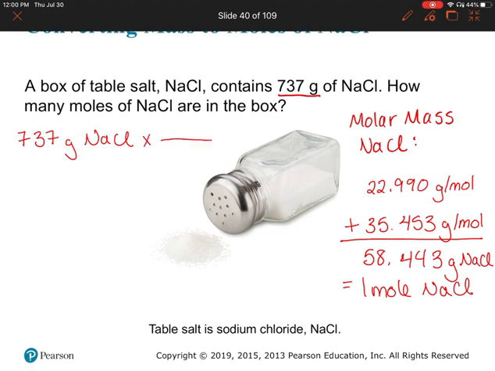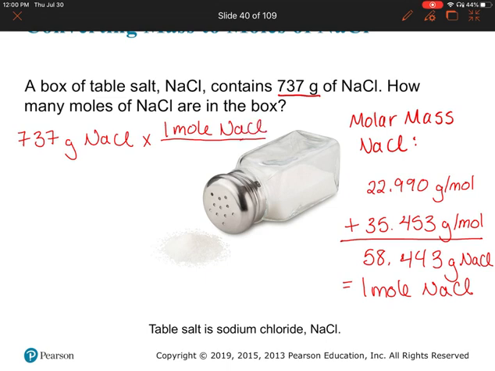Okay, so we're going to set up our conversion factor. Now, do we want moles in the numerator or the denominator? So we're trying to get to moles. That's our desired unit. So we're going to put moles in the numerator. Okay.